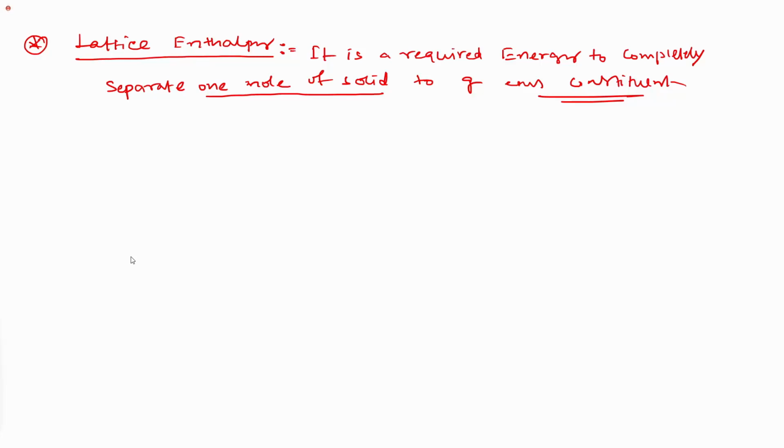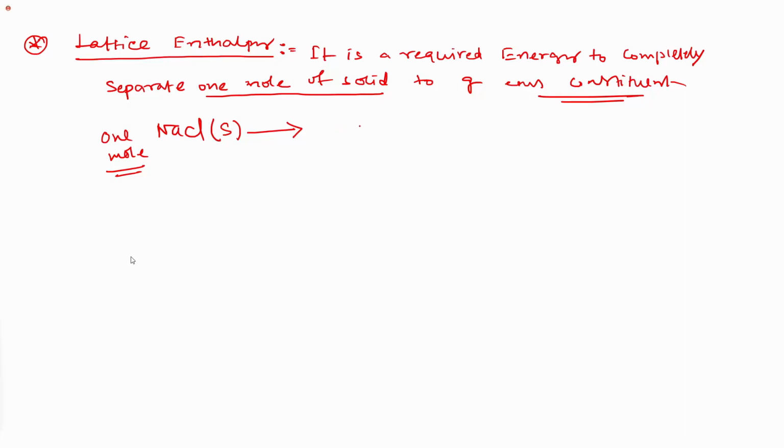Suppose, for example, to discuss the definition of lattice enthalpy, I am taking NaCl as an example. NaCl here is a solid. To dissociate it, to separate it into sodium ion and Cl minus ion, suppose this is 1 mole of NaCl solid.